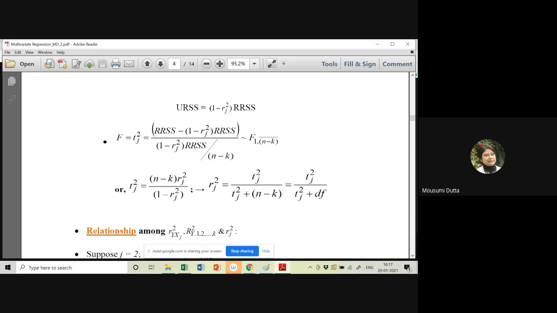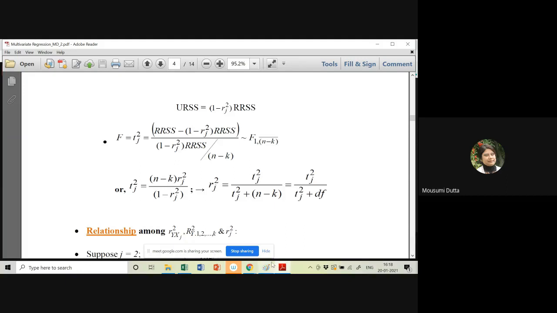And from there, we can proceed further. We can define the F statistic. F is equivalent to T square. T is the student's T. Okay. So we can define one F statistic which is equivalent to T square as RRSS minus URSS divided by URSS divided by degrees of freedom.